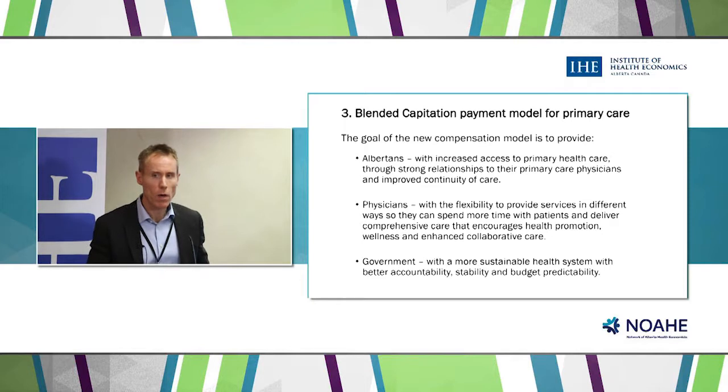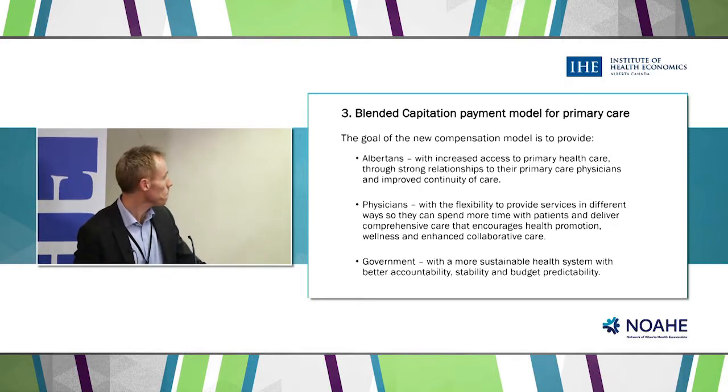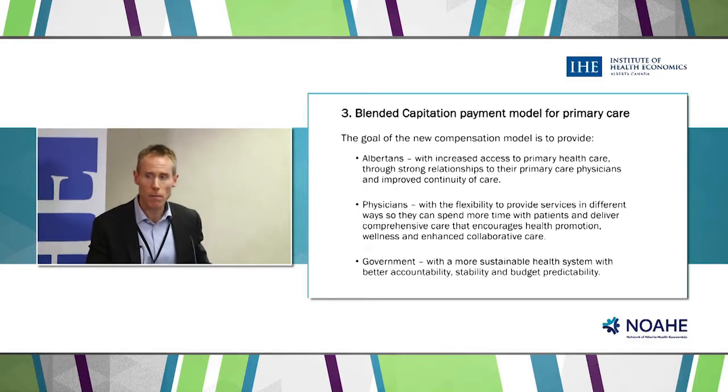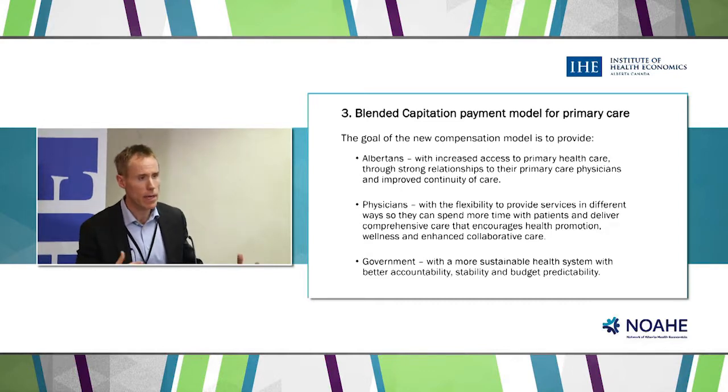And the goal of the new compensation model, which pays physicians in a different way, is to increase access for Albertans within primary care, to allow physicians more flexibility in how they provide services, so that they don't have to see the whites of a person's eyes to necessarily help and direct care, and to give government at least advance warning of what the budget's going to look like and make healthcare more sustainable.